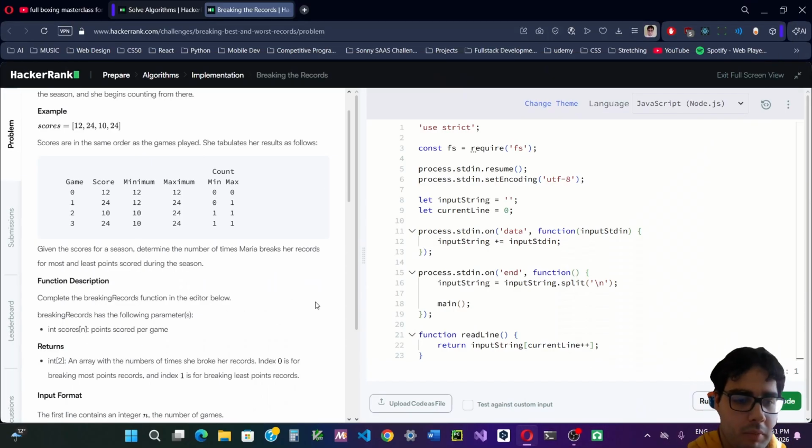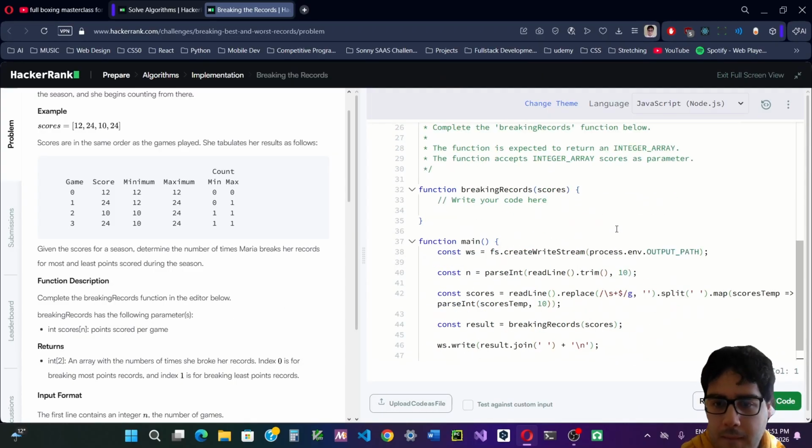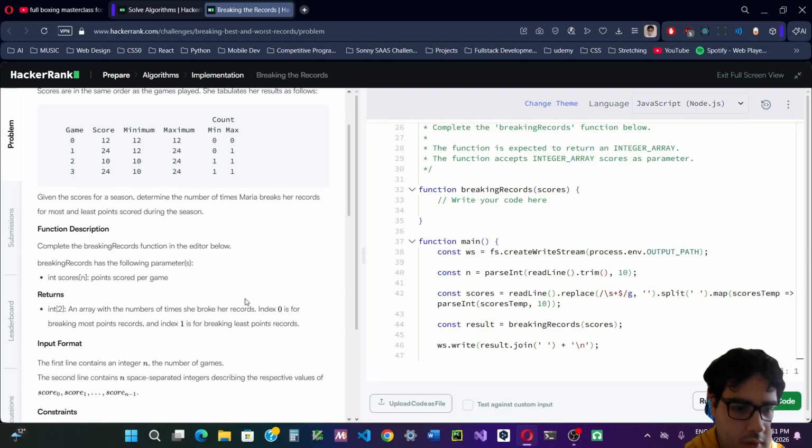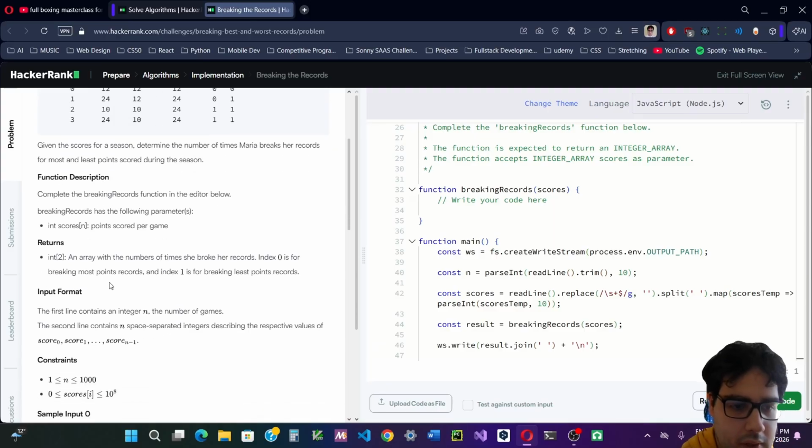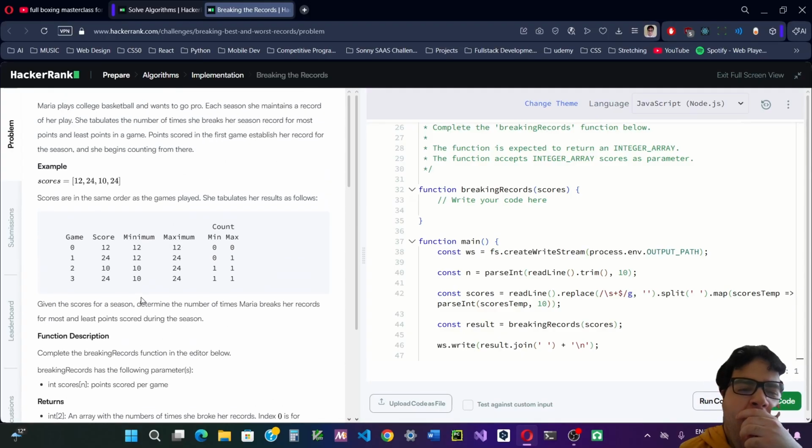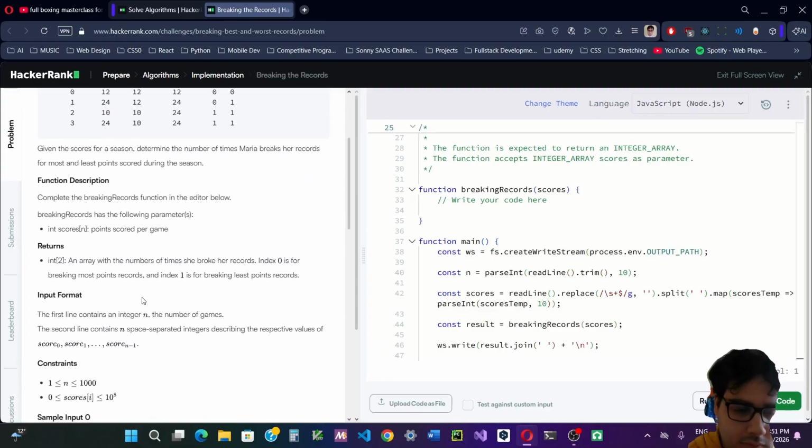Function description. Complete the breakingRecords function in the editor below. breakingRecords has the following parameters: scores, an array of integers, the points scored per game. It returns an array with the numbers of times she broke her records.